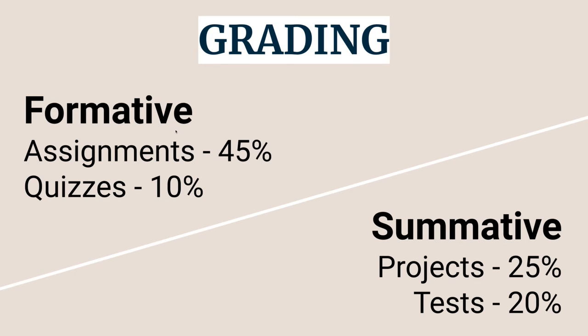Those are assignments when they are learning to do something. I'm checking to make sure that they are forming these ideas. The totality of the assignments are worth 45% of their total grade. Quizzes are worth 10% of their total grade. Summative assignments are they've already learned something and now they have to prove to me that they've mastered it. So they have projects which are worth 25% of their total grade, and tests are worth 20% of their total grade.